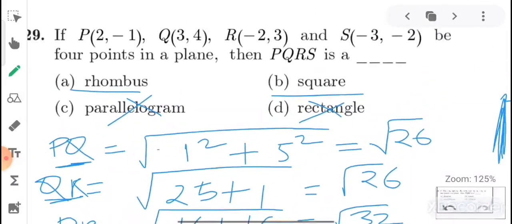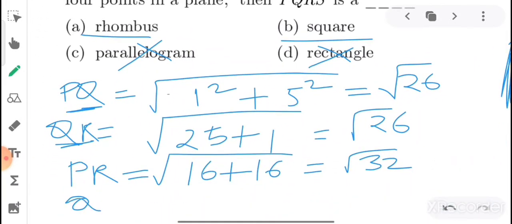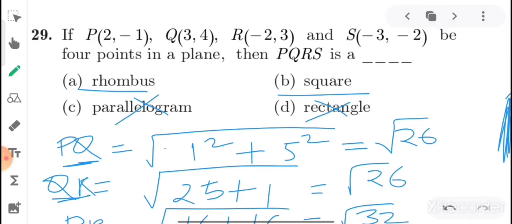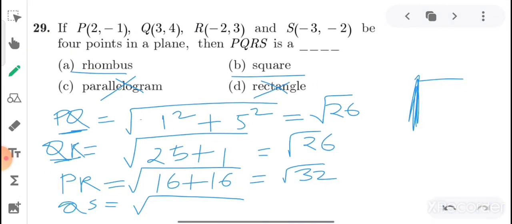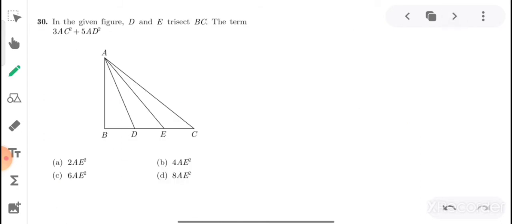And we have to find out QS, another diagonal, that is root under (3 plus 3) square, 6 square means 36, and (4 plus 2) square, that will be 36 also, so it will give 72. So two diagonals are different, not equal, so it will not be a square, then rhombus will be the correct option. This is the method to solve it quickly. Move to the next question.